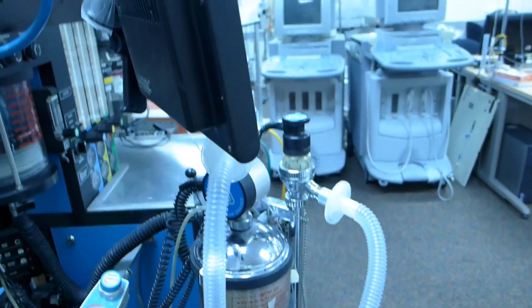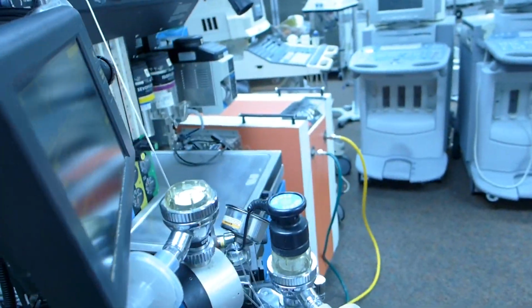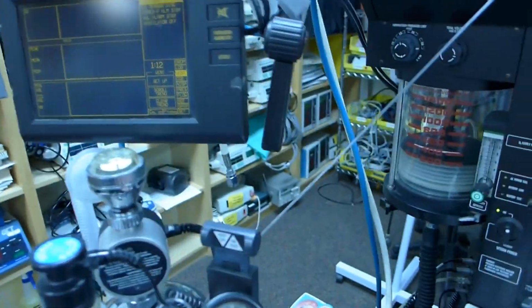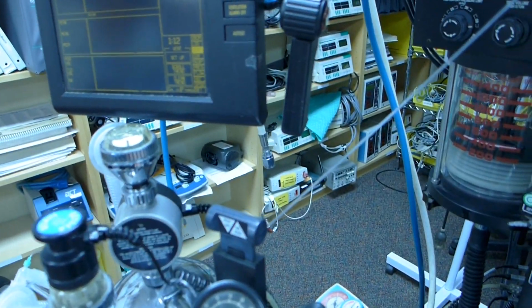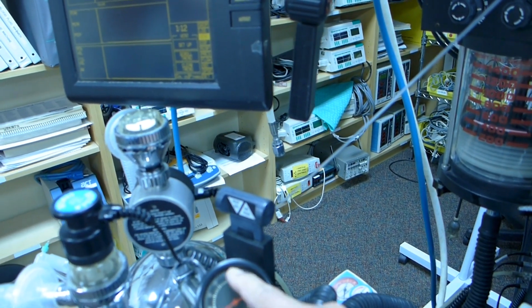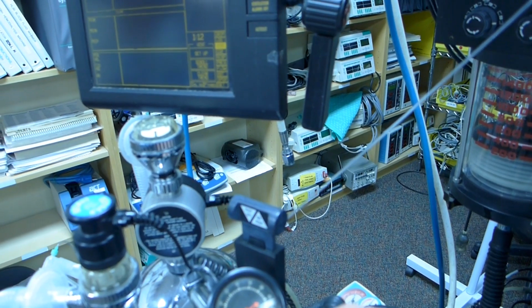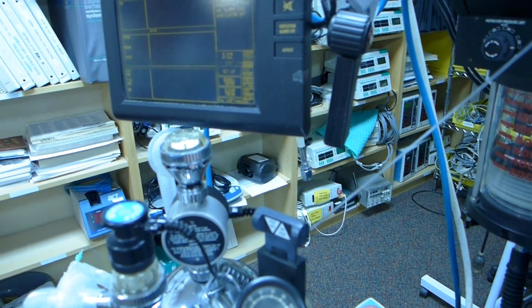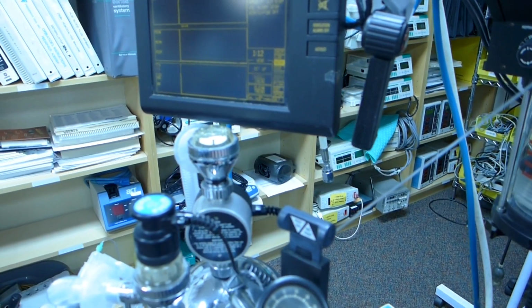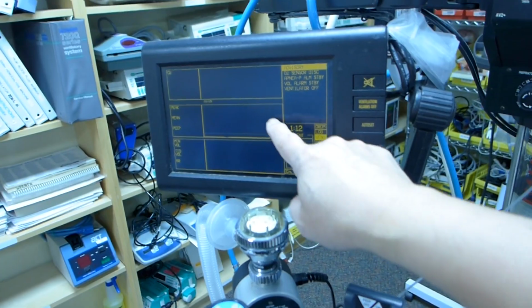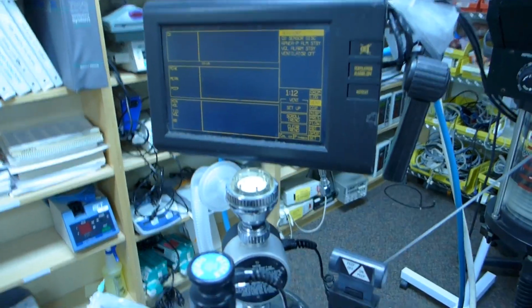And then from here you can see this one we call the proximal airway pressure. It's analog, so when we run it, you're going to see this thing keep moving up and down, corresponding to the proximal airway pressure, which has the electronic one over here. We can compare digital and analog.